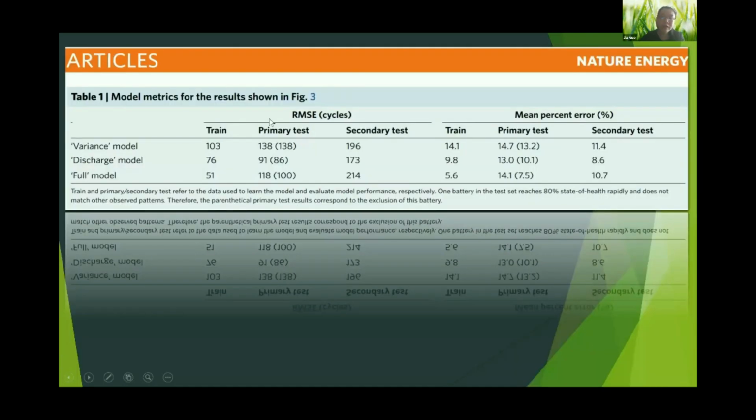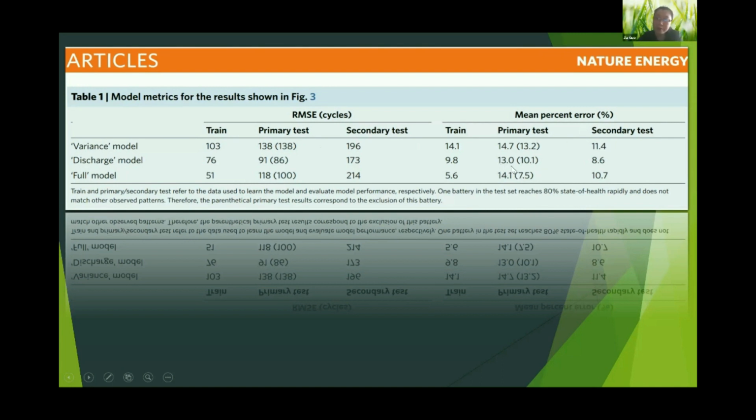Let's look at the table. The RMSE is the root mean squared error, especially in the discharge model. They got 91 cycles in the primary test and 173 in the secondary test, with a very low mean percentage error in the prediction.